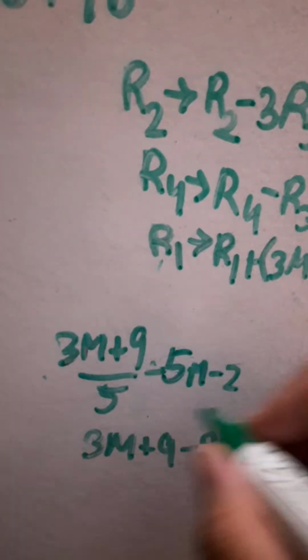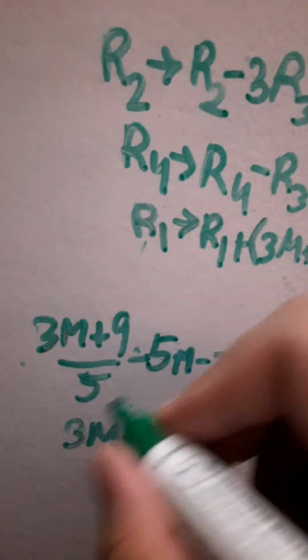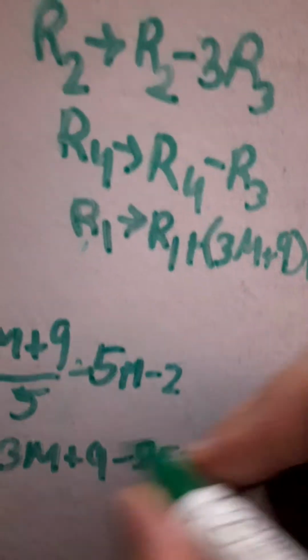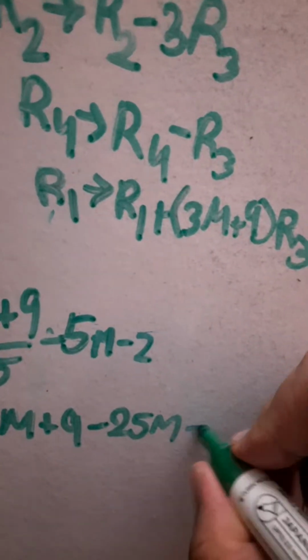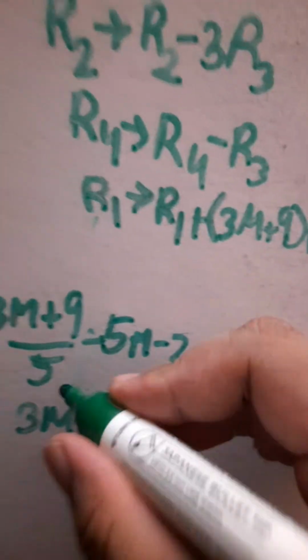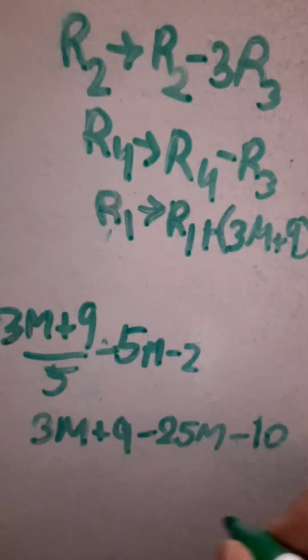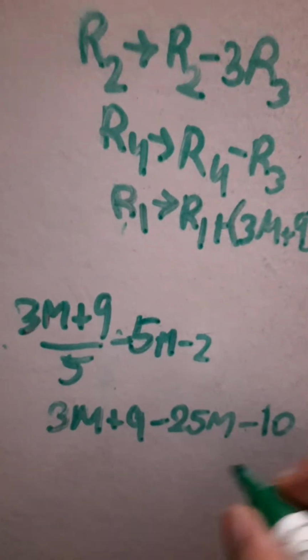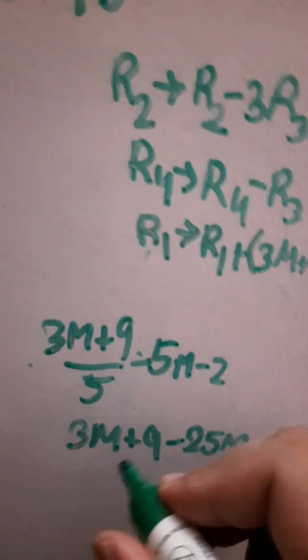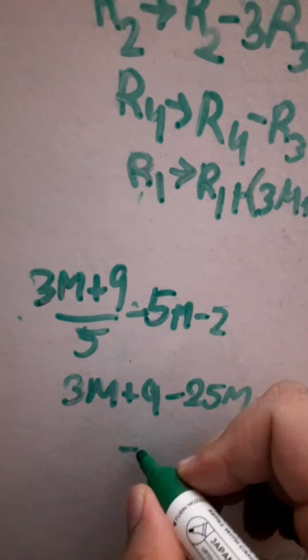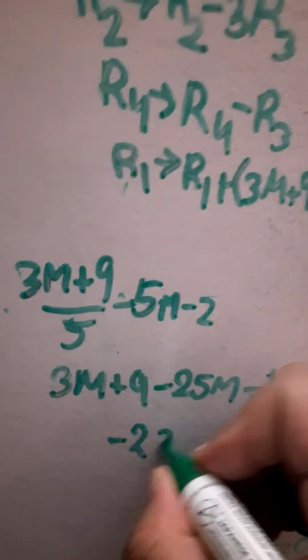So this would multiply to this whole thing, this one time, this one time, it would get multiplied by both. Okay, 5 5s are 25, minus 5 2s are 10, minus 10. Now we would minus this, first minus this, then this is minus 22m.